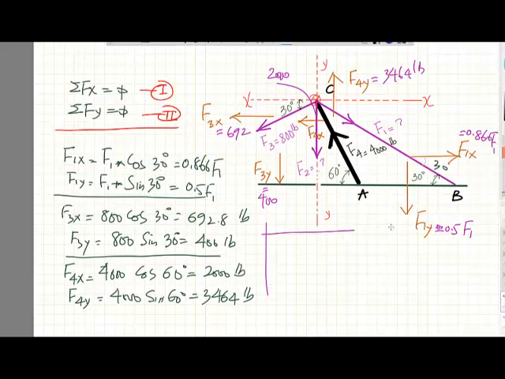Now that we have the values here, all we need to do is apply these two equations.